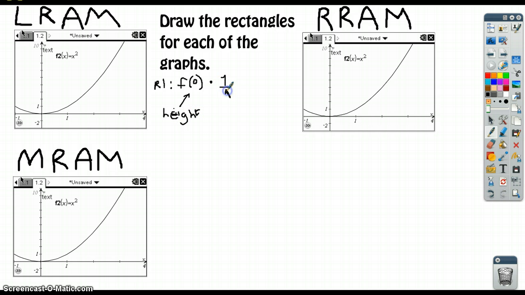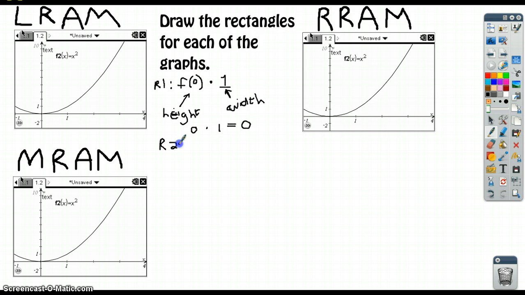So there is our width. Remember, every rectangle has a common width. Okay, so my first rectangle has a height f of 0 times 1, which is the width. Well, I know f of 0 is 0. So that's going to be 0 times 1. So that rectangle is 0.